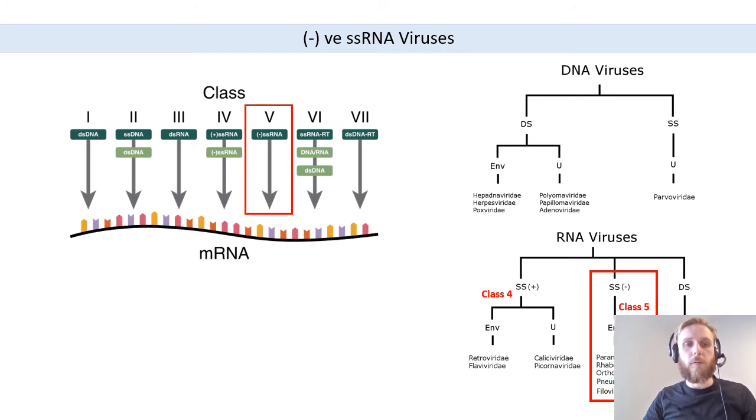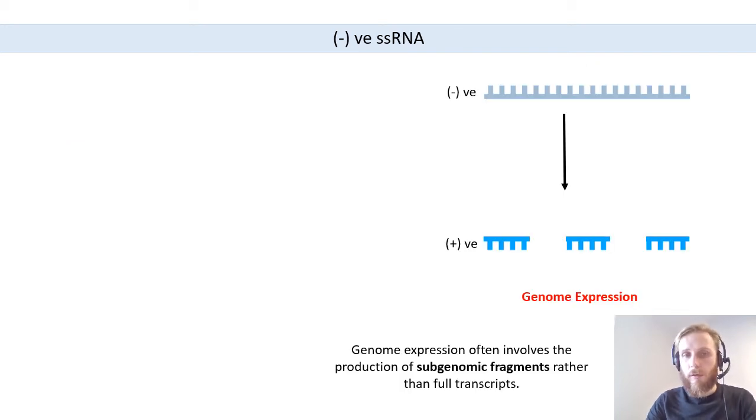Okay, so we're talking about negative sense single-stranded RNA viruses again. So we're talking about class 5 on the Baltimore classification system, and we're talking about this arm of the phenotypic system. So RNA viruses, negative sense single-stranded. So for negative sense single-stranded RNA viruses, we have to introduce the same extra bit of complexity that we've just introduced for positive sense single-stranded RNA viruses.